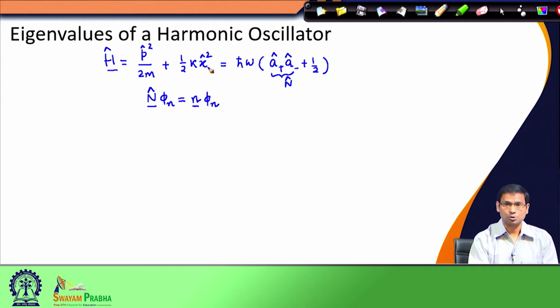Similarly, x is also a Hermitian operator and its eigenvalues are going to be real, whether positive or negative, however, x squared operator's eigenvalues are going to be real and positive. So, therefore, the eigenvalues of this Hamiltonian operator for the harmonic oscillator are going to be real and positive, because this operator is the sum of squares of two Hermitian operators.